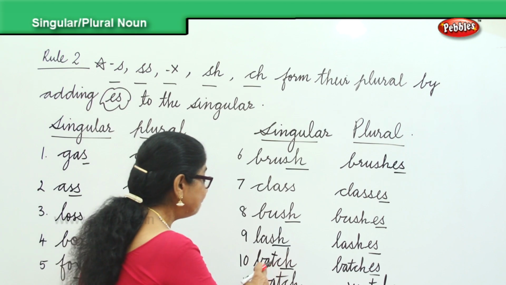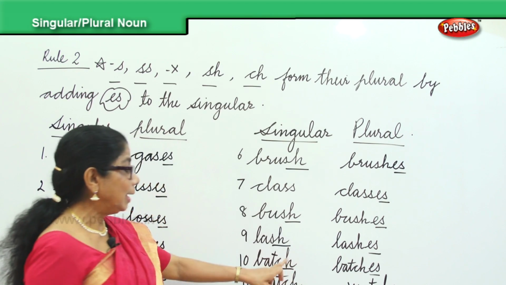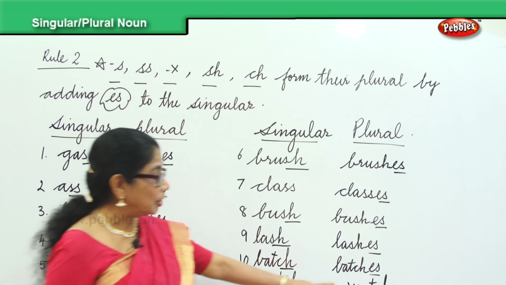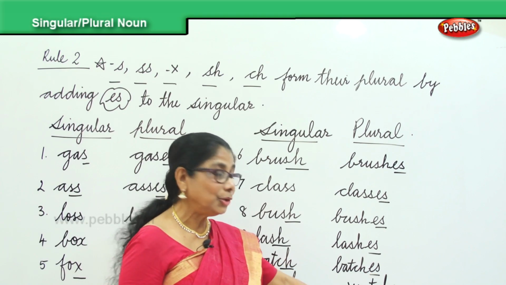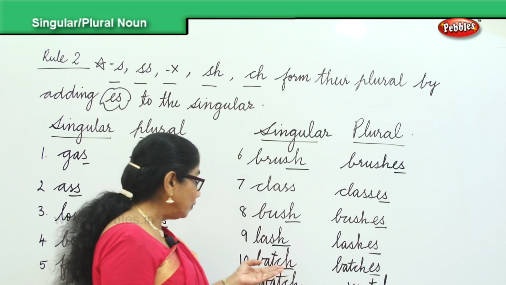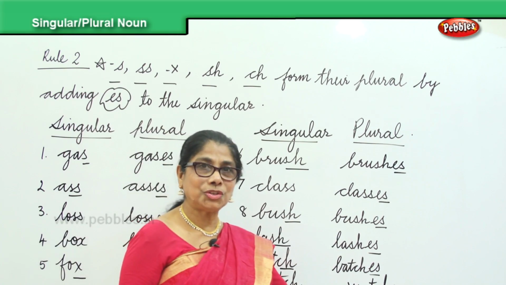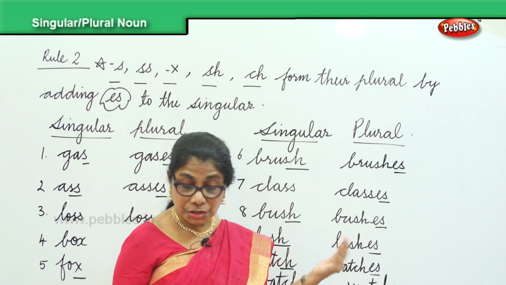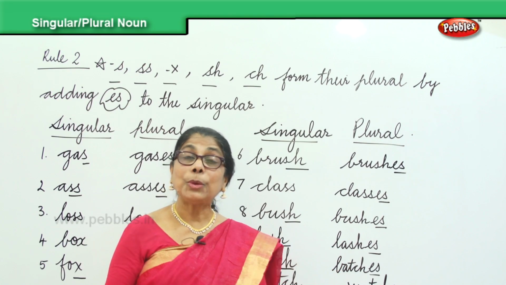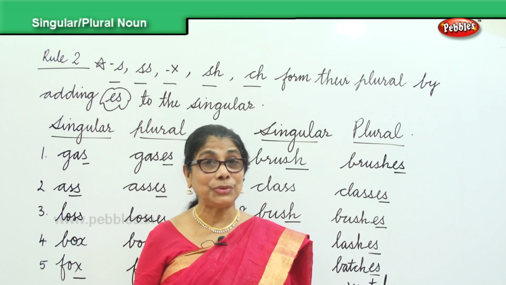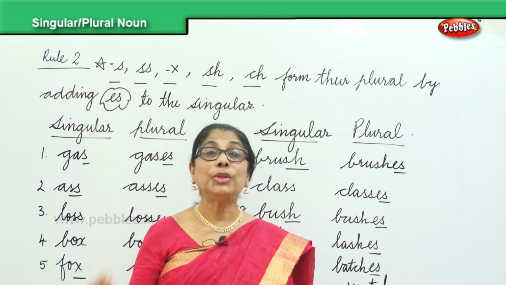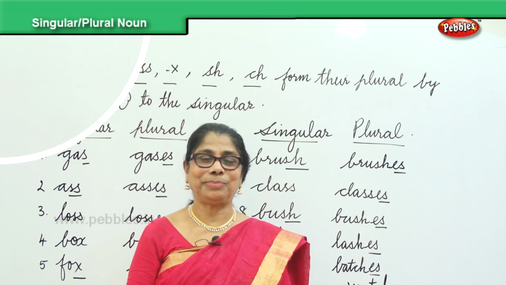Then you have batch and watch ending in ch, and you add es to form the plural: batches, watches. Then church, churches. So, we learned 2 rules today to form the plural.